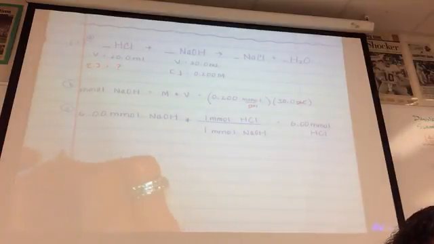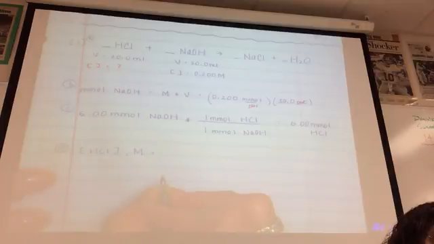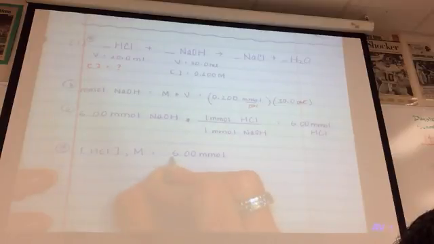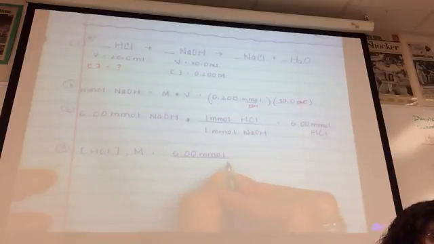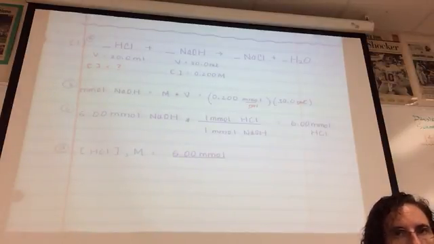And then finally, we're going to calculate the concentration of hydrochloric acid. That's the molarity. We have 6 millimoles of the acid. And the volume of the acid, don't add the volumes together here, that's going to be a problem.